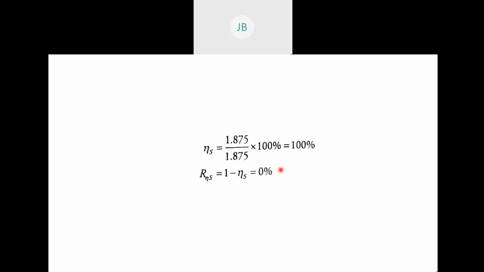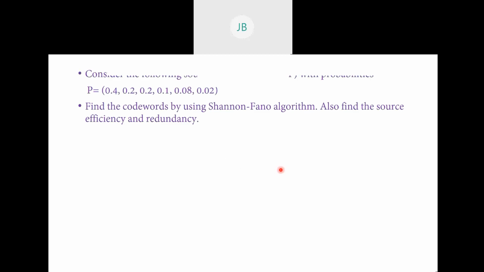This question was asked in one of the previous question papers, maybe in the year 2019. Okay, now we will consider another question from another year's final exam paper.